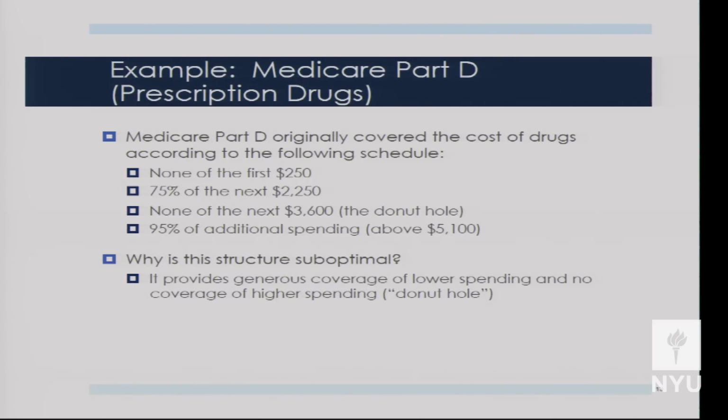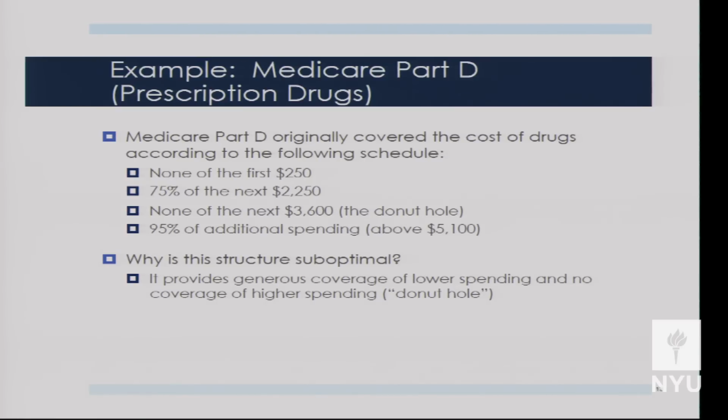Okay, let's look at Medicare Part D, the prescription drug coverage that was introduced in 2006. The donut hole is a famous part of this scheme's design, so let me explain what it is. Originally, the way drug coverage worked is that for your first $250 of drug spending each year, you were on your own.